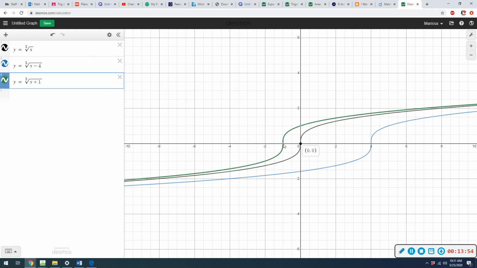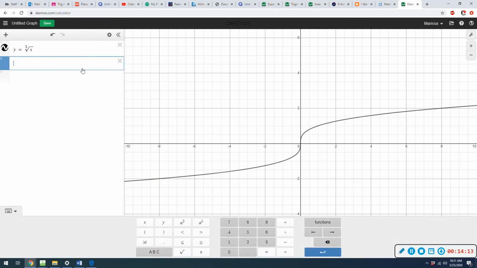Same thing here. This one is starting at -1, 0, so it got pushed back that 1. And the next nice point it goes to is 1 away, so it went up 1 over 1 to get there. So it's doing that same stuff that the square root was doing, it just has a different shape.